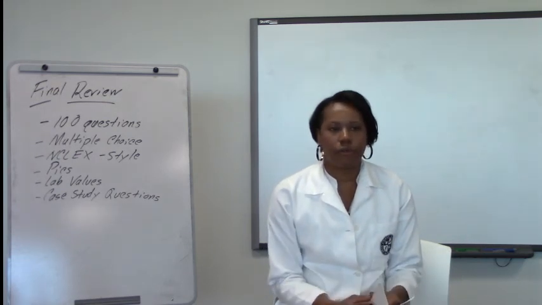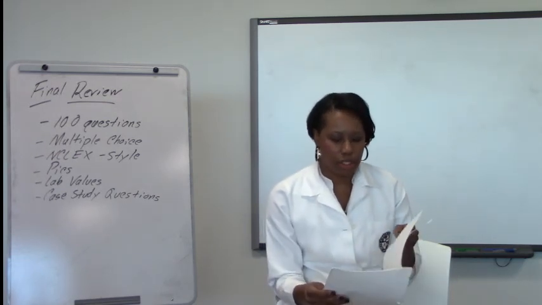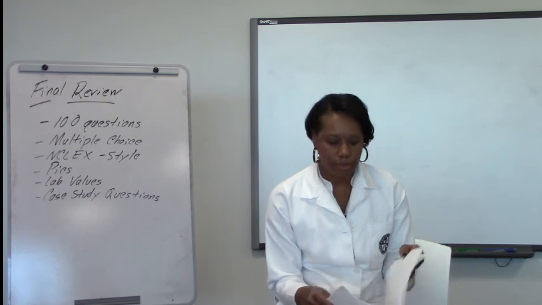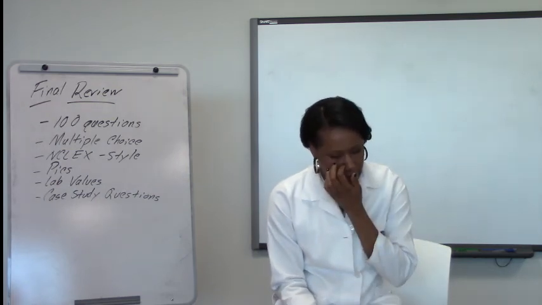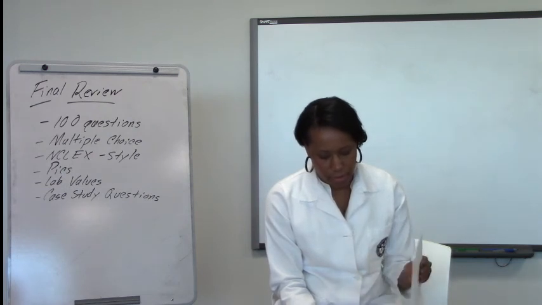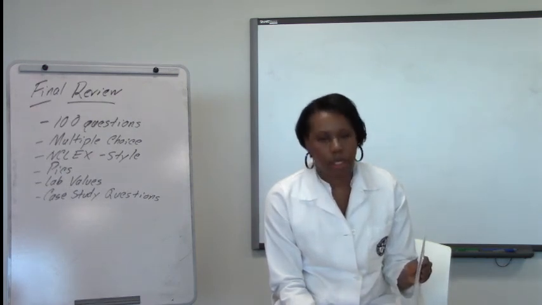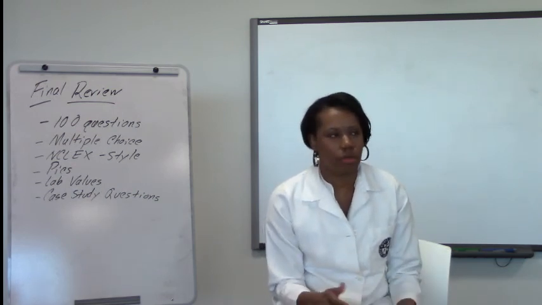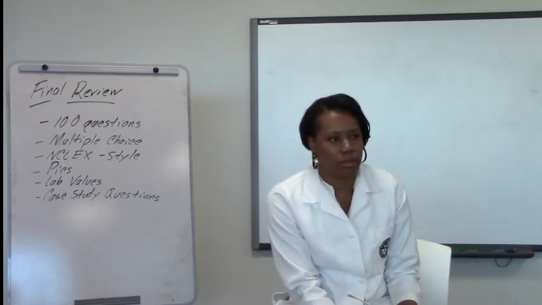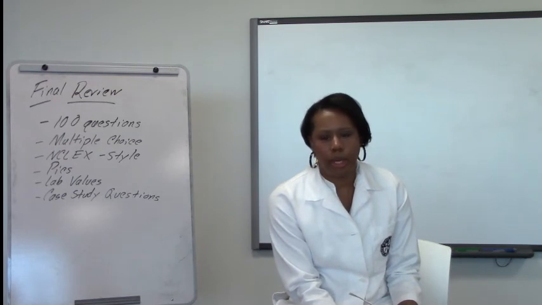Make sure you know the difference between short and long-term regulation of blood pressure. And in particular, we talked about the ACE inhibitors, okay? So make sure you know the medications that are associated with blood pressure. We talked about ACE inhibitors.